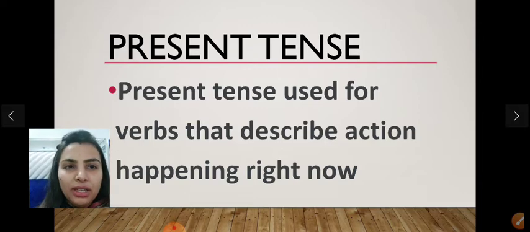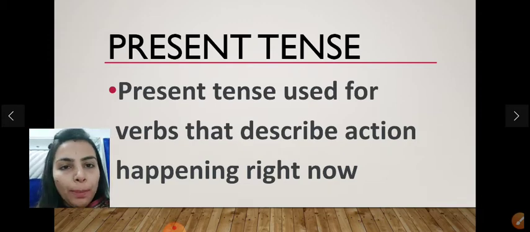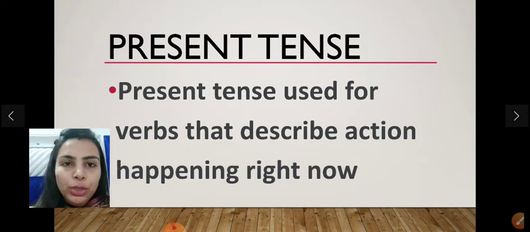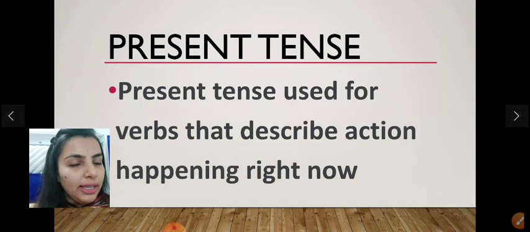When we talk about an action which is happening right now, then we use present tense. So we are going to study about the simple present tense.